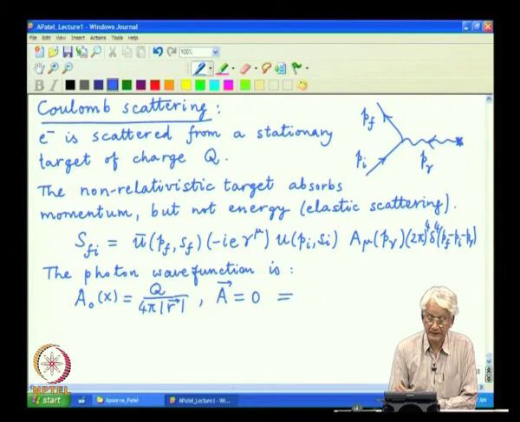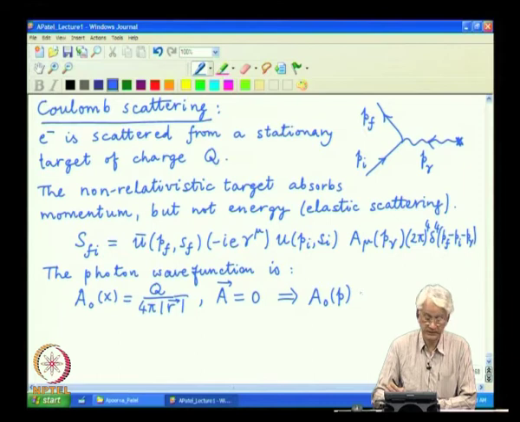So, we need to Fourier transform these objects. Well, nothing happens to the vector part, it is 0 anyway, but the time component does need to be transformed, and the Fourier transform of 1 over r becomes 1 over p squared.